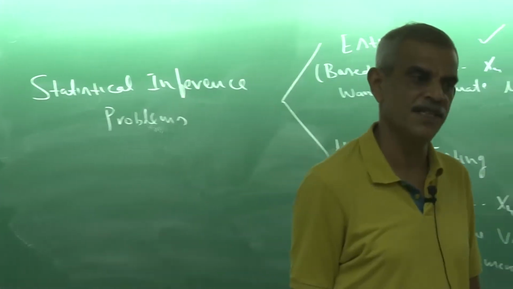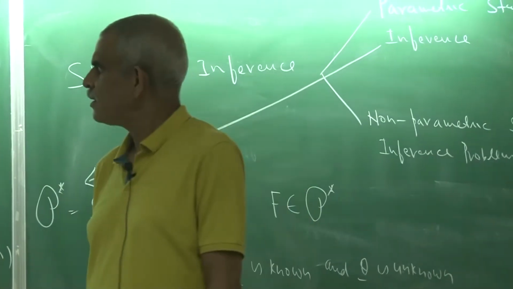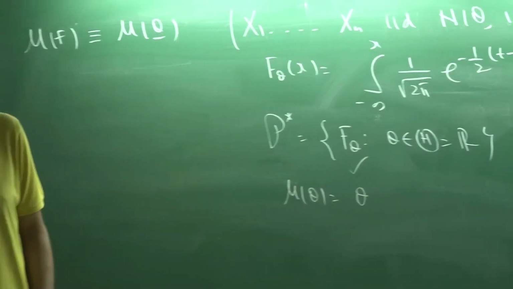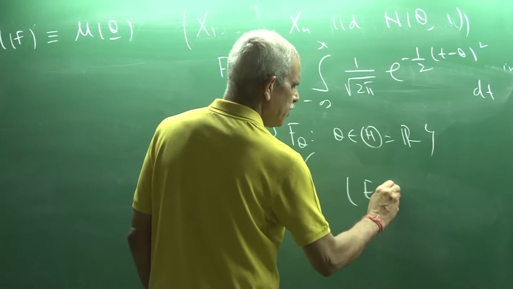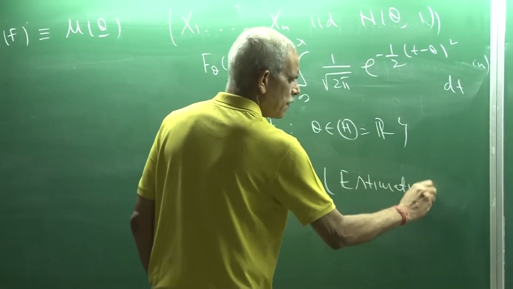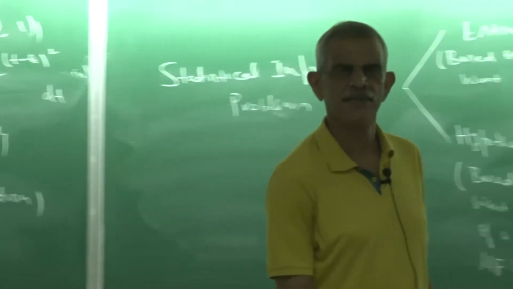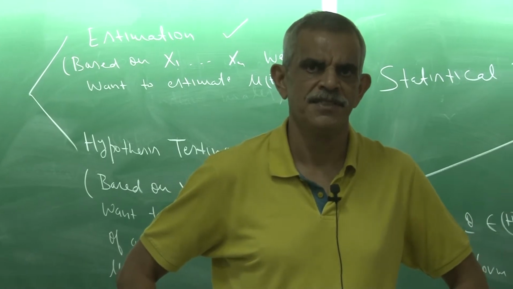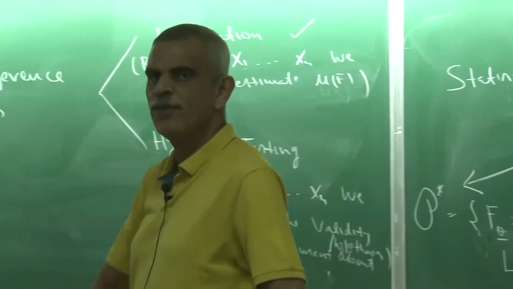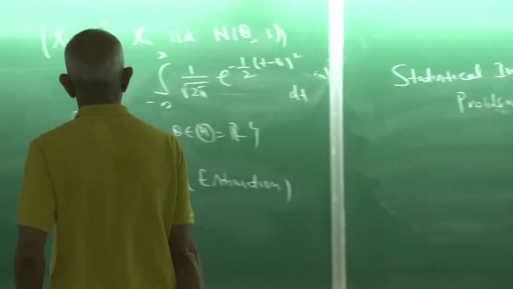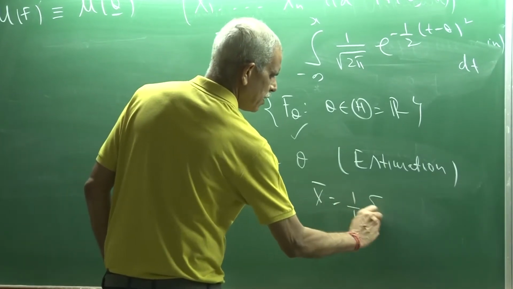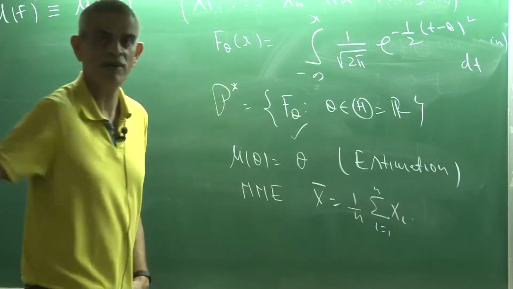So, for example, I may be interested in estimating the mean theta. So, mu of theta could be theta. This could be estimation. So, in estimation, you are interested in estimating theta, and you have studied various procedures in your first course about estimating theta. So, for example, the method of moments estimator you know is X bar, which is 1 upon n summation i equal to 1 to n xi, which is nothing but the sample mean.